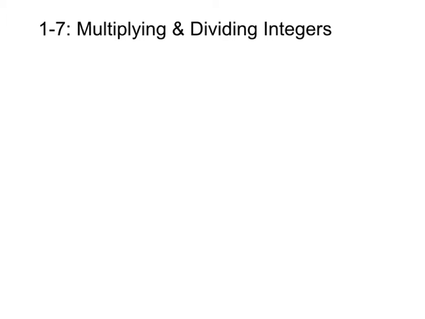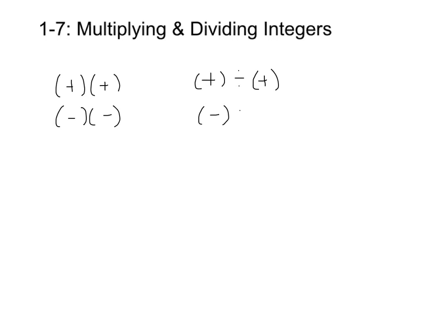The reason being is because we're pretty much going to follow this rule: if they have the same sign, so if I have a positive times a positive, or a negative times a negative, or a positive divided by a positive, or a negative divided by a negative, my answer is always going to be a positive number. So basically, I just multiply or divide like normal, and then just know my answer will always end up being positive.